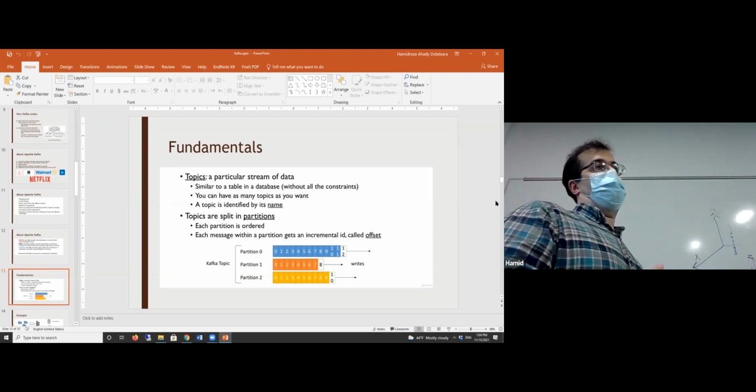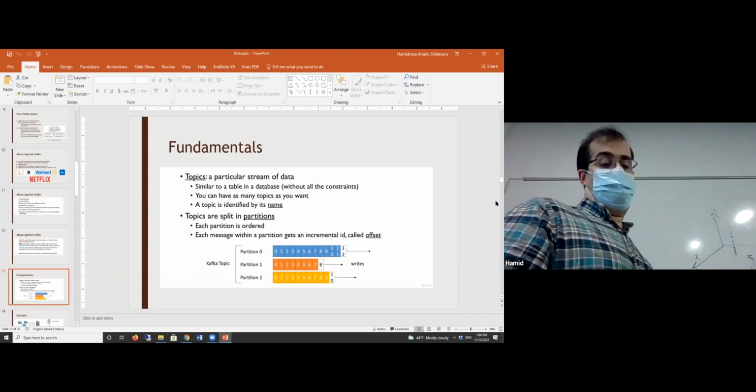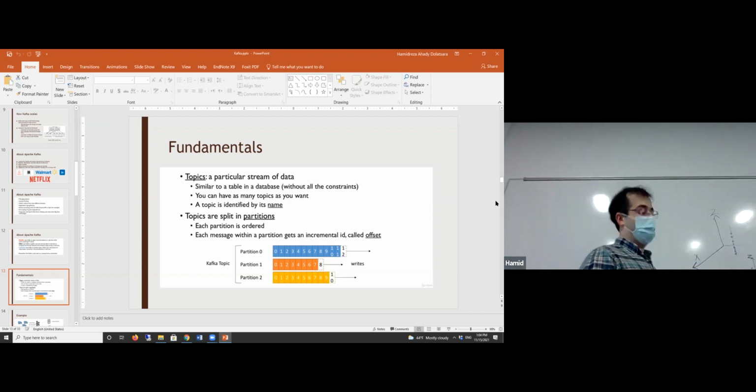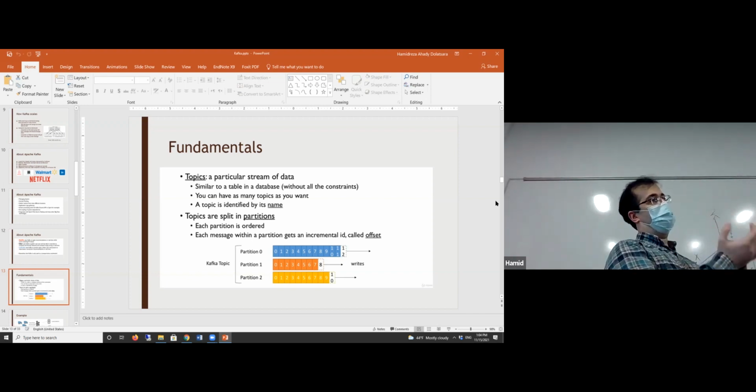Also, streams are stored or distributed through partitions. It might be a little tricky. You might remember from any basic computer class that your hard drive is divided into several sections. We call them partitions.